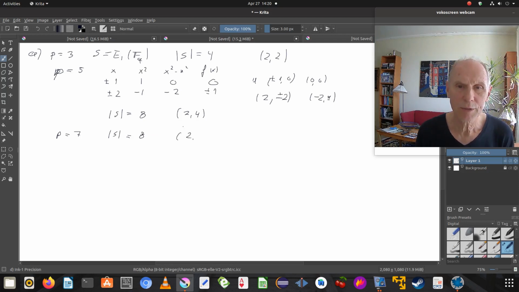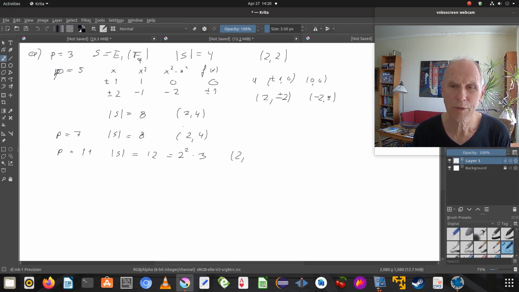So it must be type 2.4. 11. S equals 12, which is 2 squared times 3. So the type must be 2.2.3.